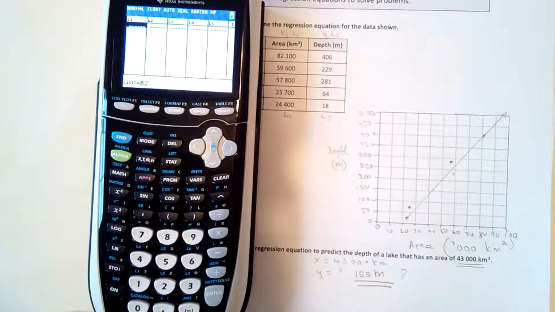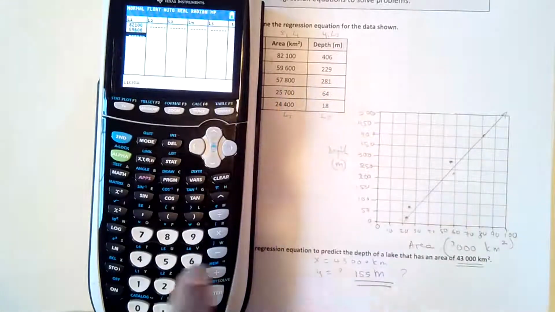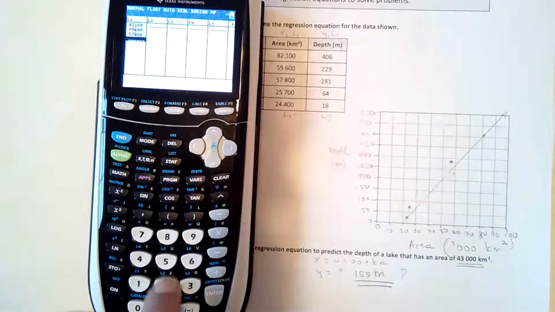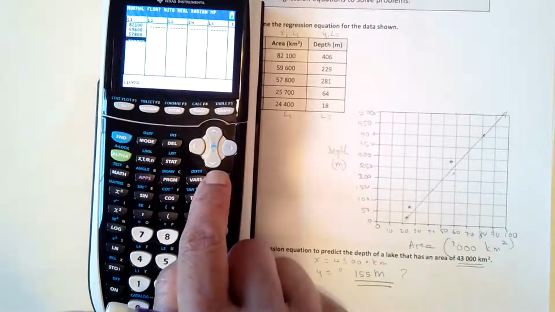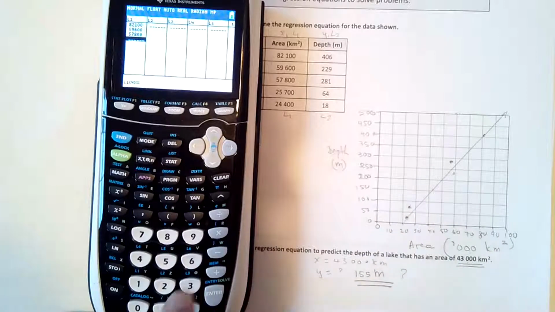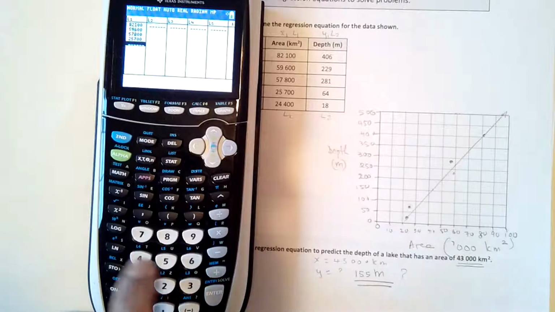So now I'll input this data here exactly. We have 82,100, 59,600, 57,800, and 25,700, and the last one is 24,400.